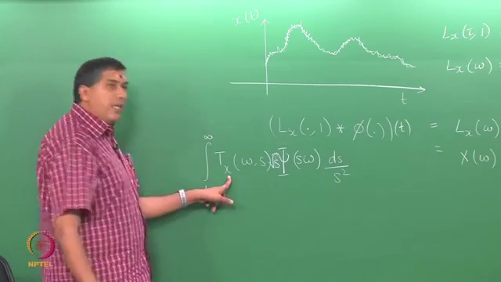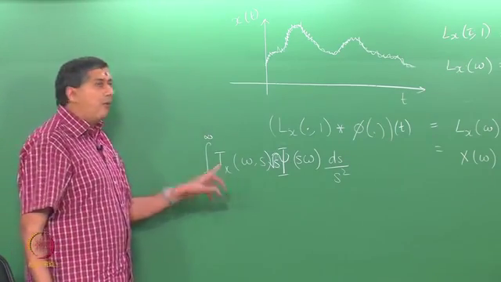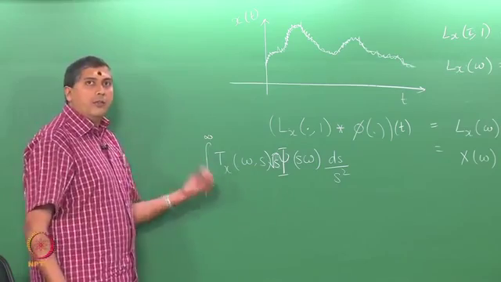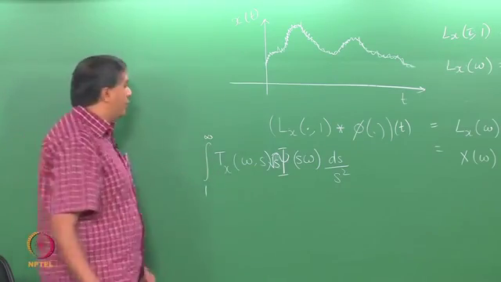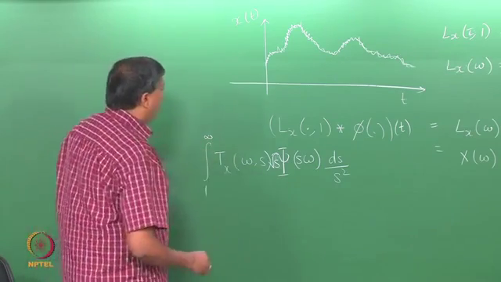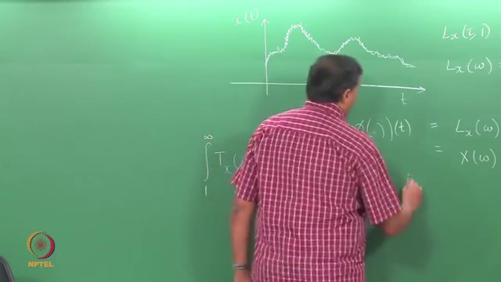Once again, recall that this continuous wavelet transform is nothing but a convolution of the signal with a reflected version of the wavelet. Therefore, I have here, let me write that for you.